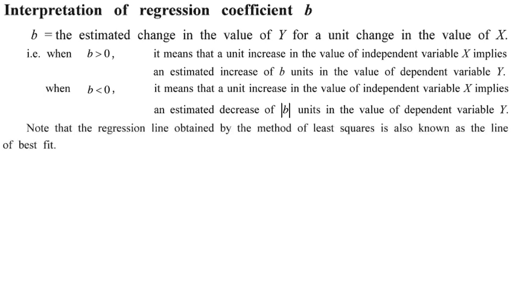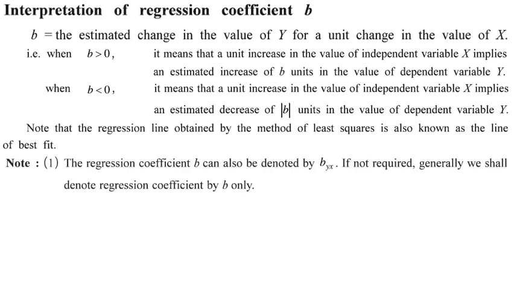One thing we have to be very sure about is that the regression line obtained using the least squares method is known as the line of best fit. Sometimes in a question they don't specifically say regression line, they say find the line of best fit. So we have to calculate the same thing.